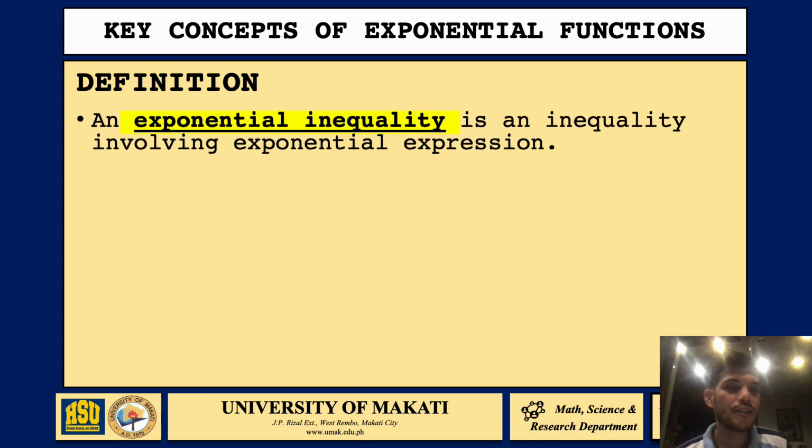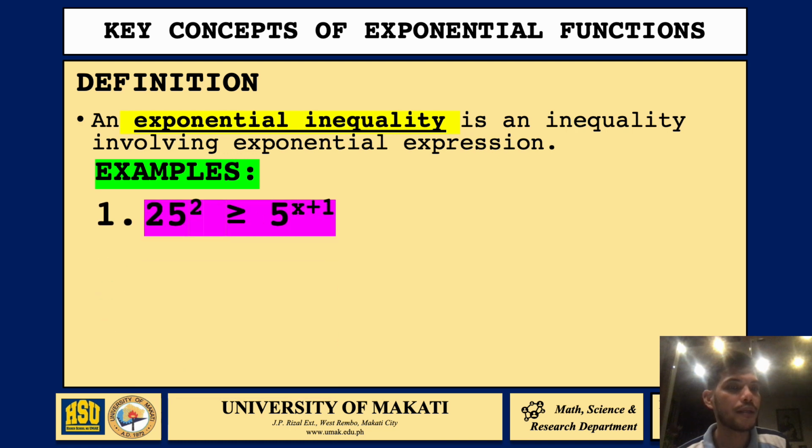The definition of exponential inequality is that it is an inequality involving an exponential expression. It means that the inequality should contain an expression whose exponent is a variable. So let us have some examples.